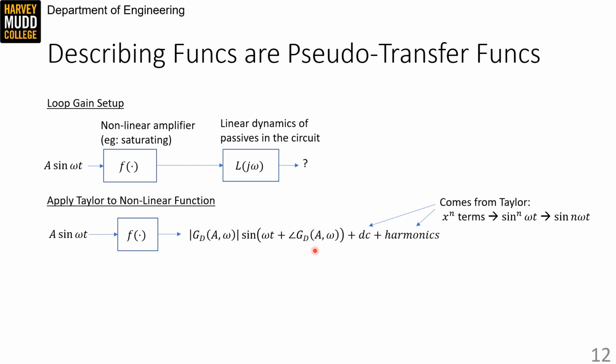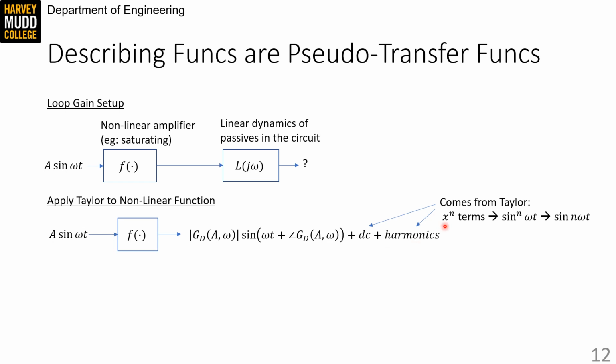In addition to that, we're going to get a DC offset, and we're going to get harmonics. And both the DC offset and the harmonics and the amplitude dependence of GD all come from higher order terms of our Taylor series.